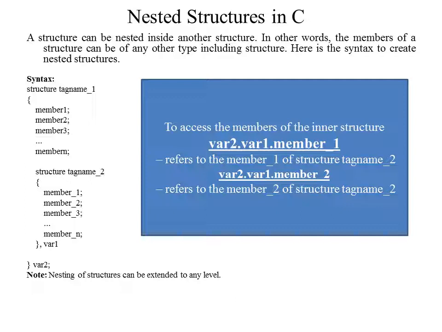In the syntax on the left part of the slide, structure tag name underscore 1 is our main structure. Under this structure tag name 1, we are creating various members: member 1, member 2, member 3, and so on, member n. But after member n, one member is structure tag name underscore 2, and this structure has its own further members.